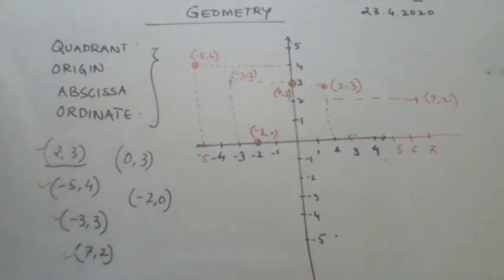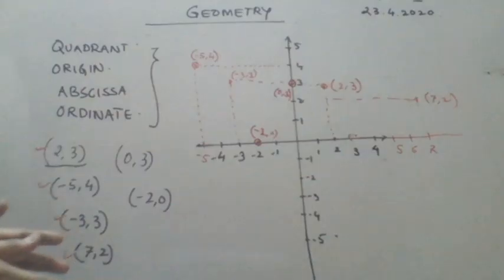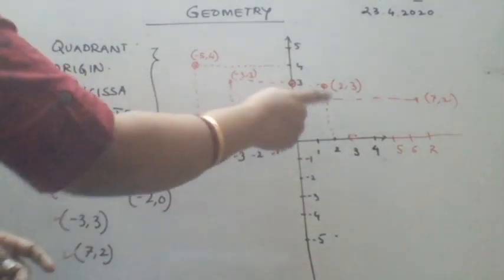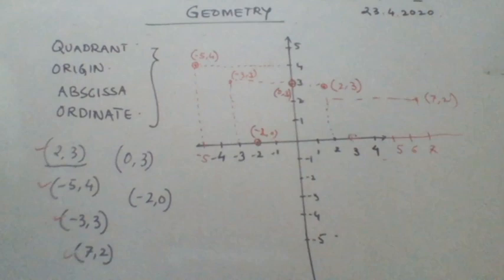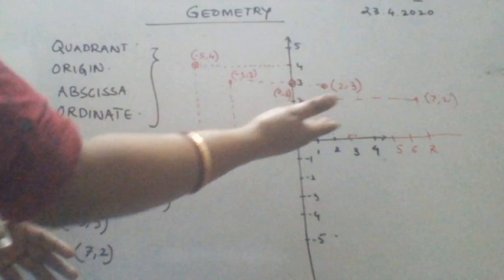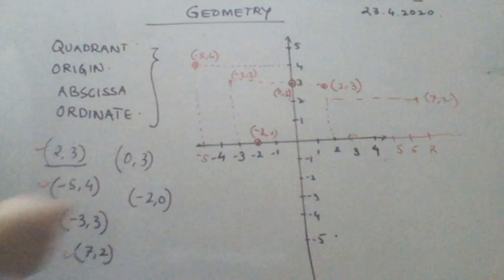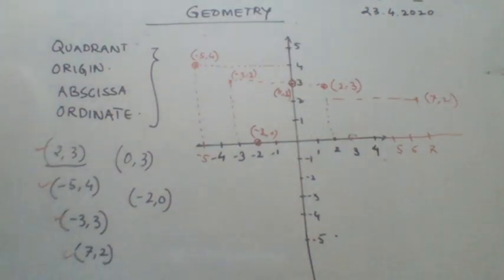I have already located some of the points in the first and second quadrants, and some on the x-axis and y-axis. I am looking into the chat box. Please quickly suggest some point for the third and fourth quadrant.